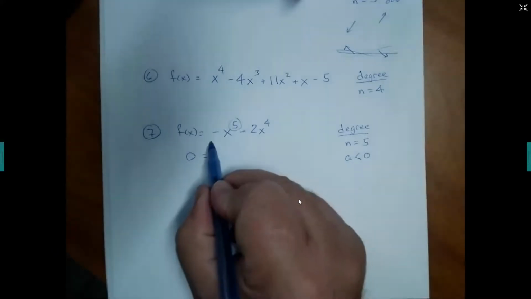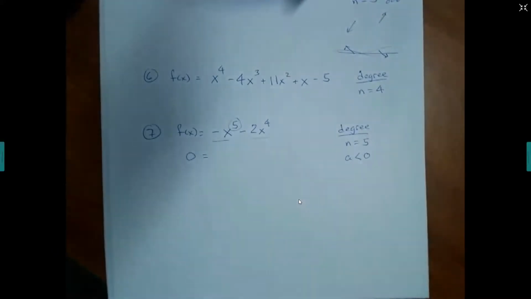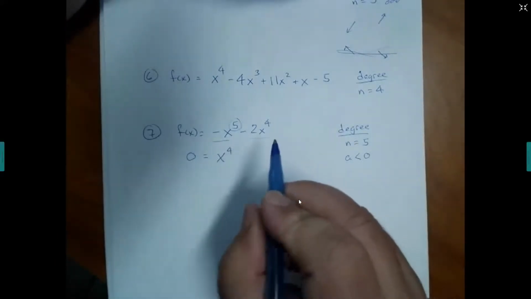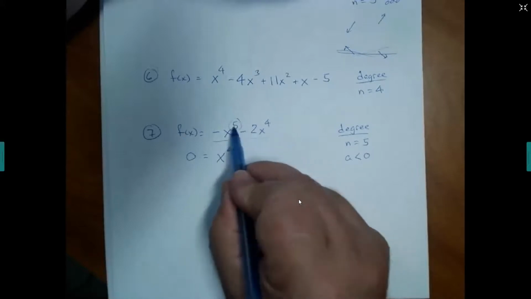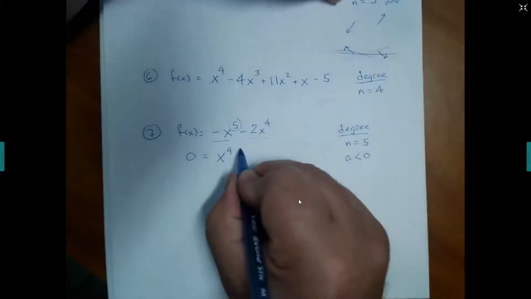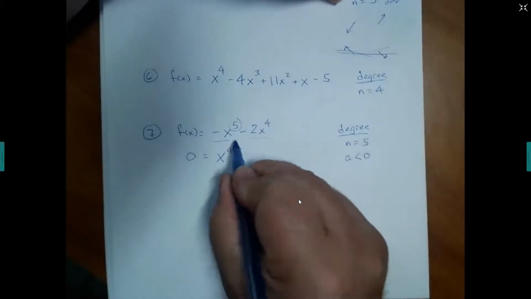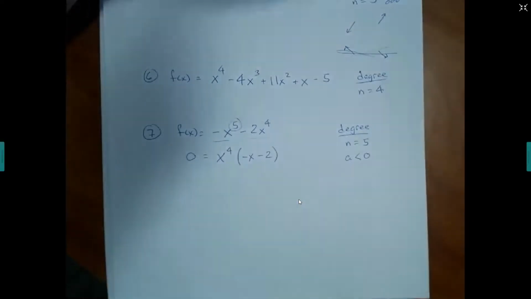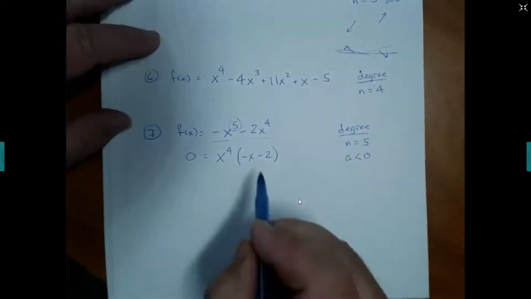What do both of these terms have in common? You can only take out what they both have. They both have at least x to the 4th, so we can take out x to the 4th. That leaves us with 1 more x here and the 2 there. We can also take out the negative.